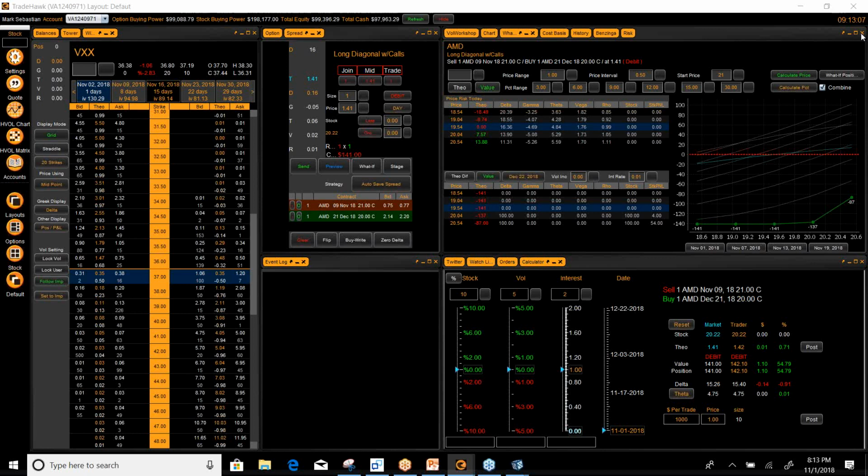So for $1,200, I hedged off 30% of my risk. In the event that I'm really wrong and we're down 200, I'd lose 200,000, but VXX would be 55. I'd make 150 grand back. I'd lose next to nothing on that trade.